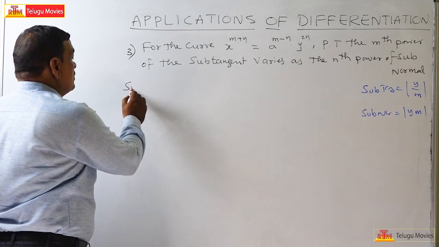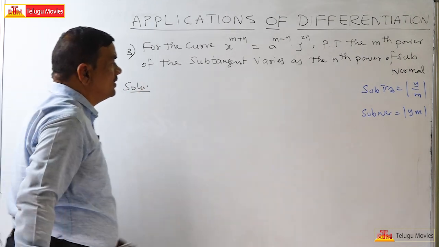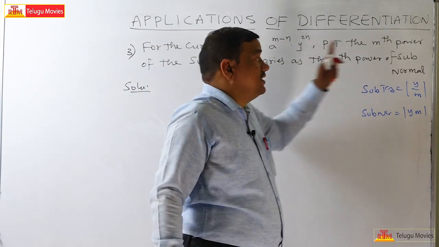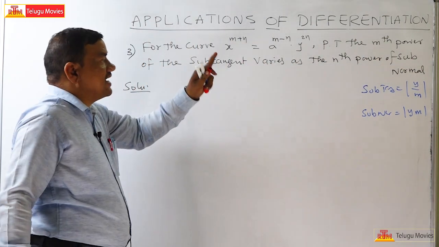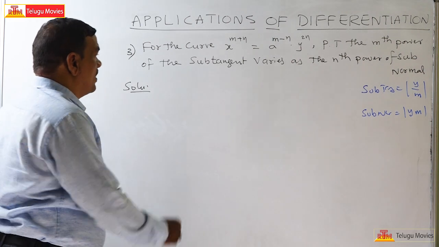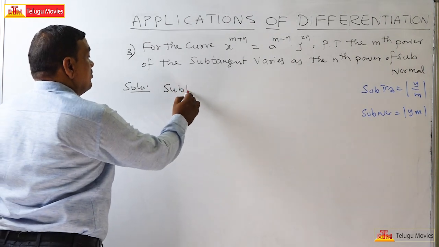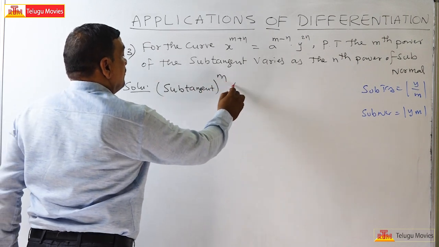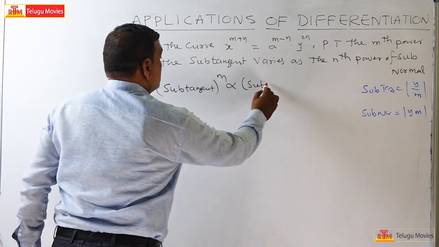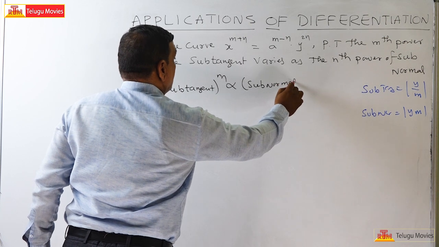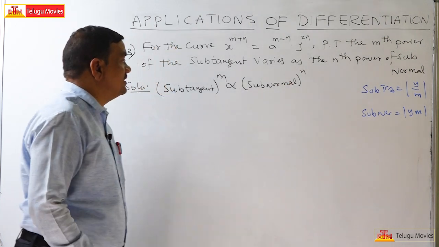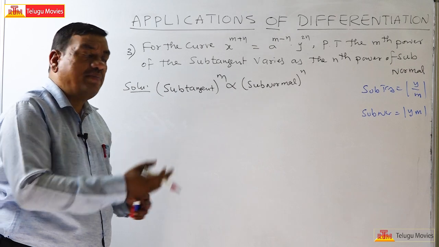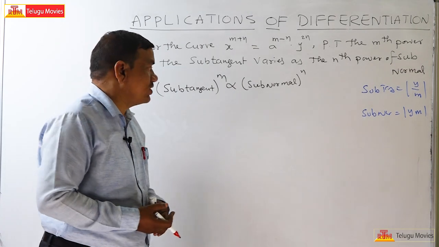Let us come to the solution. What we have to prove is that the mth power of the subtangent varies as the nth power of the subnormal. That means subtangent^m varies as subnormal^n. Varies means it may be directly proportional or inversely proportional.